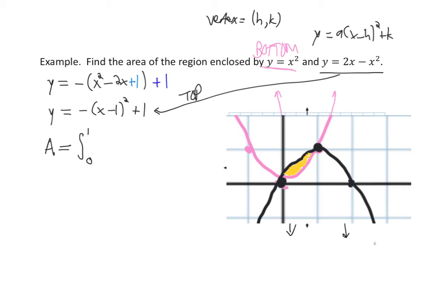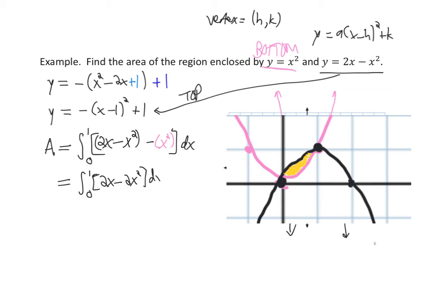So I have the integral of 2x minus x squared, which is the top function, minus x squared. And we're integrating that with respect to x. If I do a little simplifying before I calculate my integral, I'm going to have 2x minus 2x squared dx.